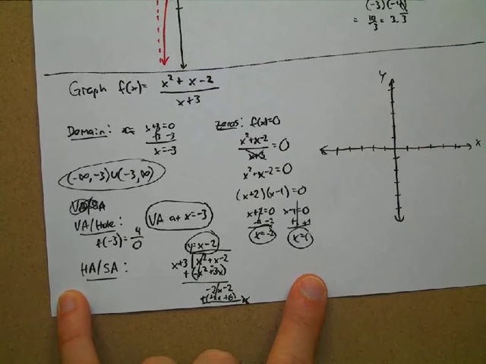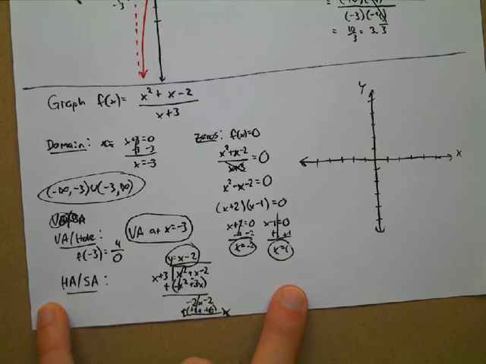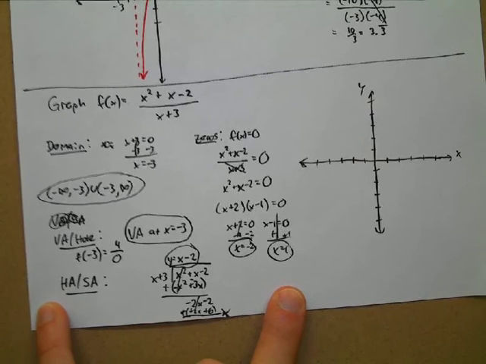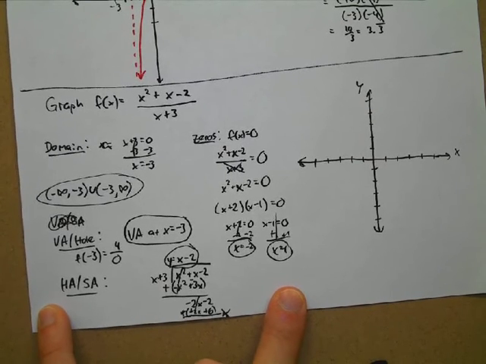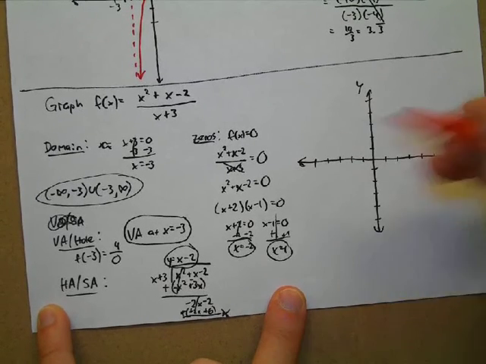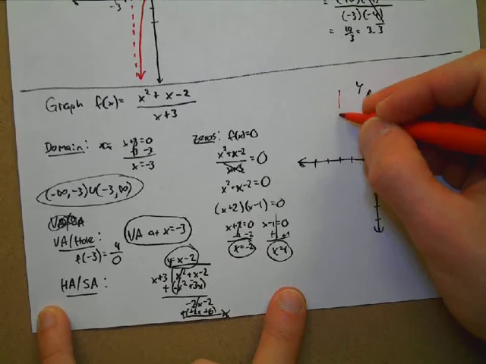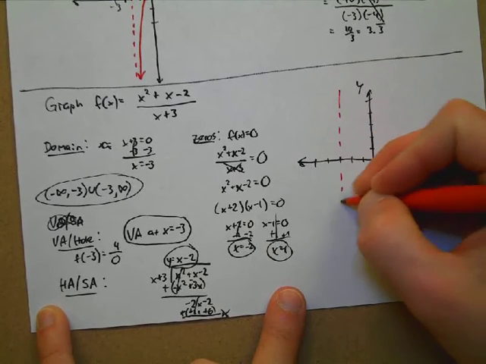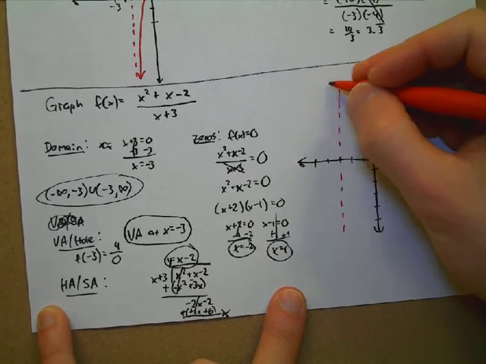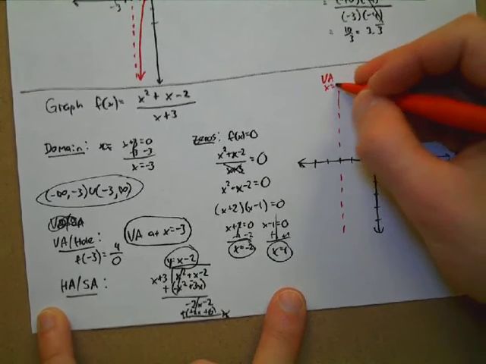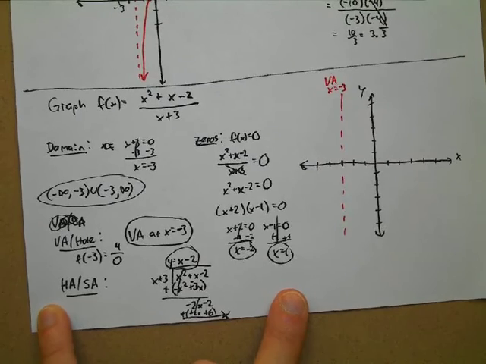So put some tick marks down, and now I'll graph those vertical asymptotes and the slant asymptote too. Okay, vertical asymptote at x equals negative 3. 1, 2, 3. There's our vertical asymptote. The slant asymptote is this.